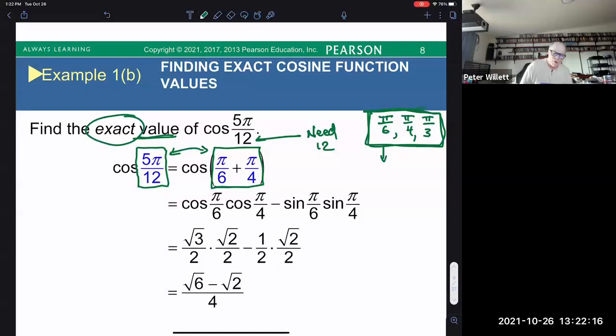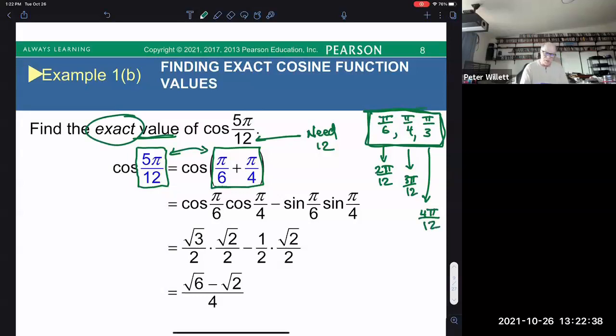So pi over 6, if I multiply by 2 over 2, I get 2 pi over 12. Pi over 4 is 3 pi over 12. And pi over 3, multiplying the top and the bottom by 4, is 4 pi over 12.